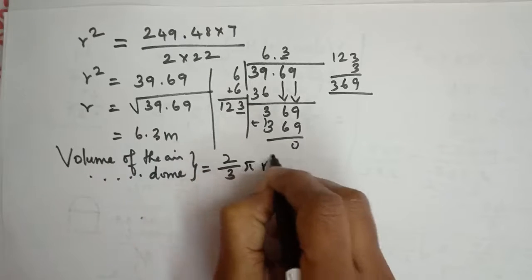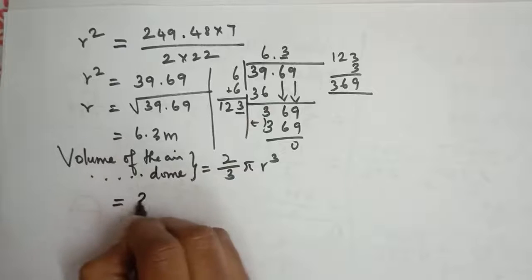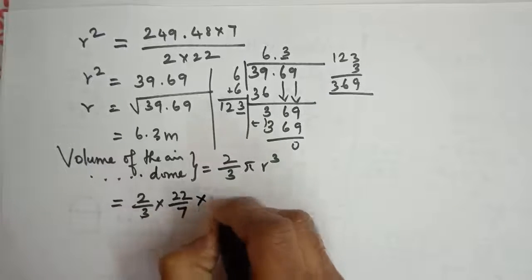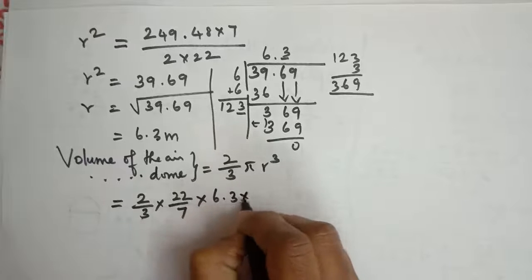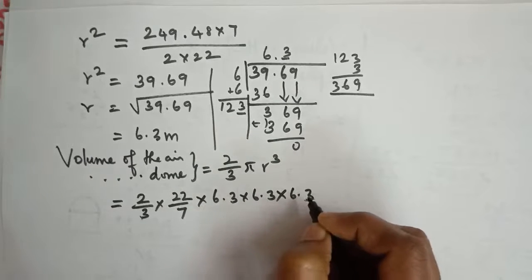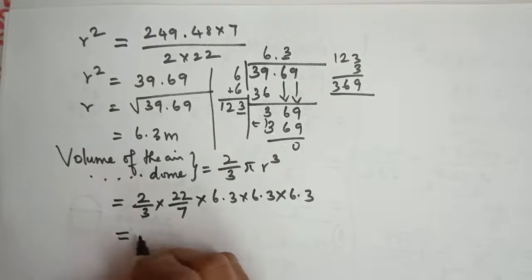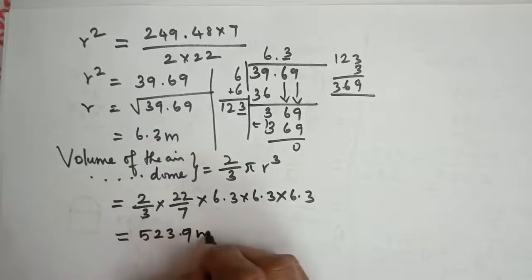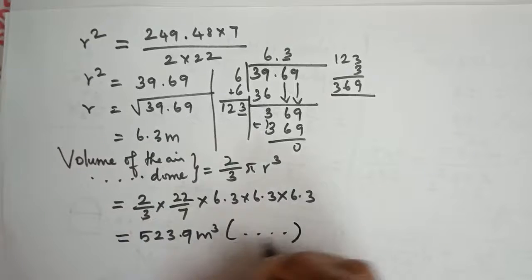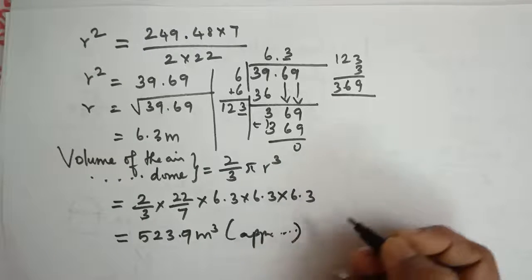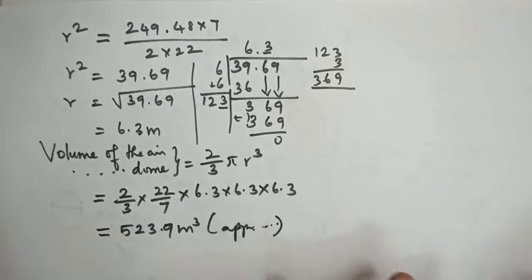So that is equal to 2 by 3 into 22 by 7 into 6.3 into 6.3 into 6.3. Is it clear? If you simplify it, at last you can get 523.9 meter cube. This is approximately. Okay students, listen, in this question, first we have to find the inside surface area of the dome.